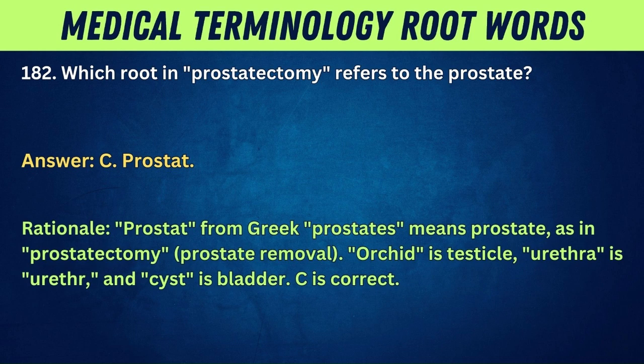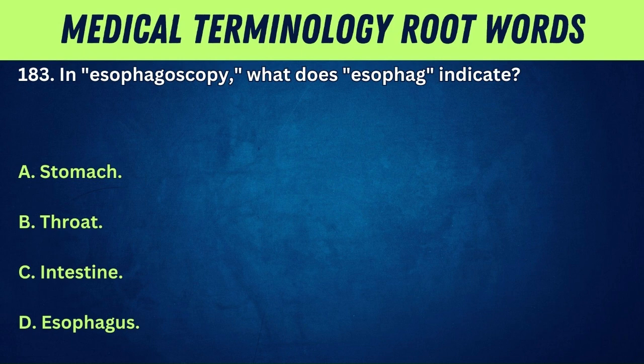Rationale: prostat from Greek prostates means prostate, as in prostatectomy, prostate removal. Orchid is testicle, urethra is urethra, and cyst is bladder. C is correct. 183. In esophagoscopy, what does esophag indicate? A. Stomach. B. Throat. C. Intestine.